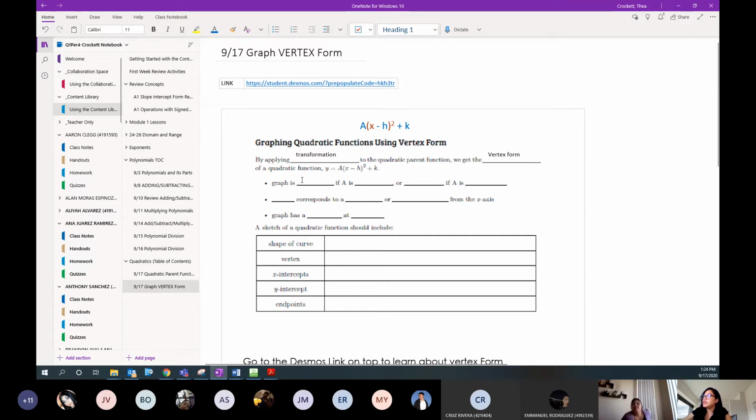Okay, and if the graph is upward, if A is positive, okay, we're talking about this A. A is upward if A is positive, or the parabola is gonna be downward if A is negative.